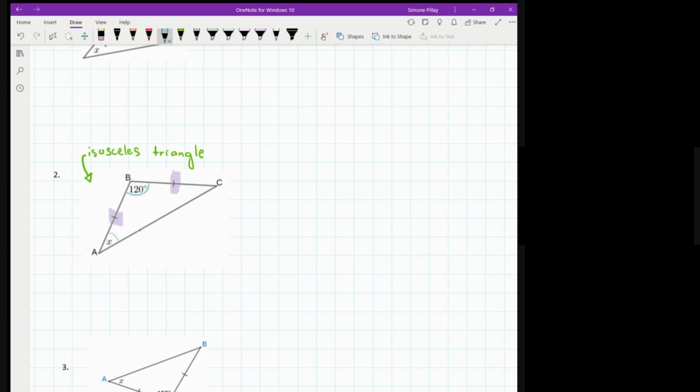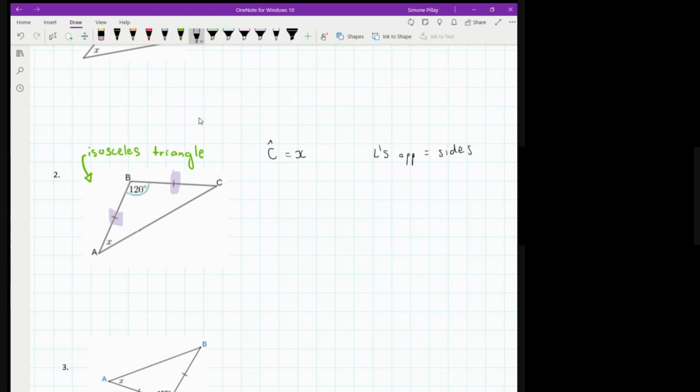But I know that angle C is equal to x. Why? Because that is an angle opposite equal sides. Because these are equal sides. The sides are literally pointing to a set of angles that are also equal, which means angle A, which is x in this case, is equal to angle C.